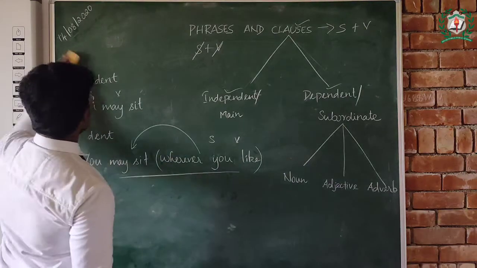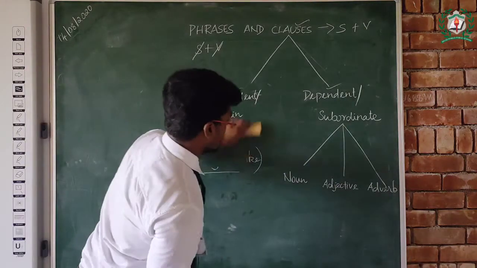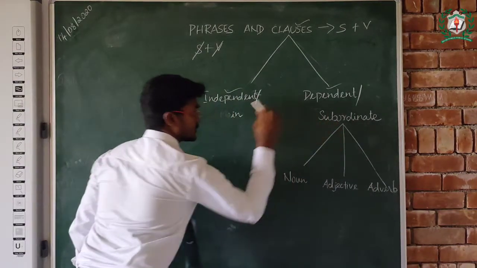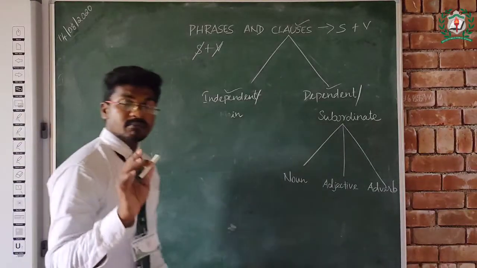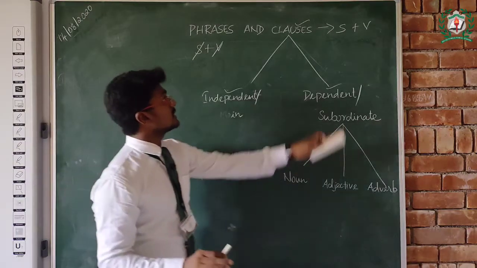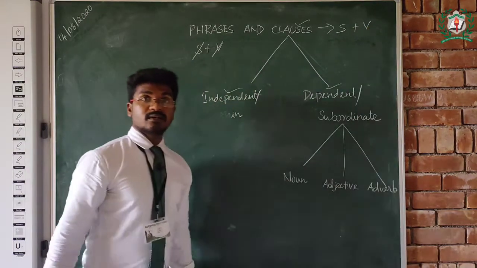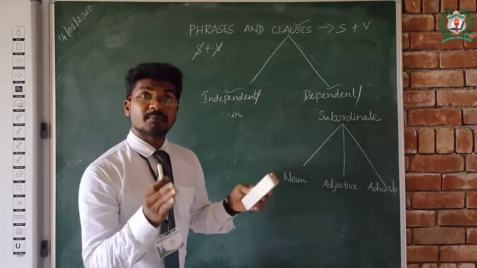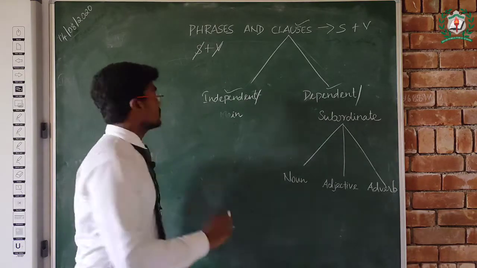Now we will see about the noun, adjective and adverb subordinate clauses. Remember, a clause has subject and verb, but the subordinate clause depends on the main clause.